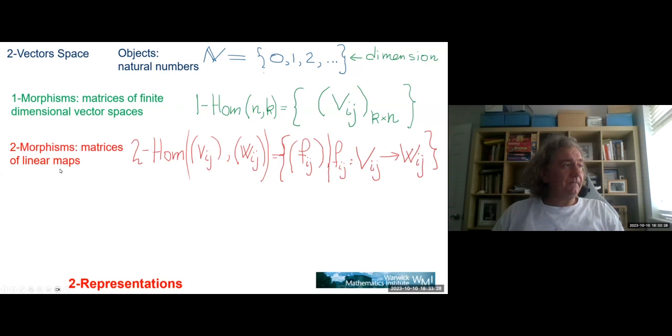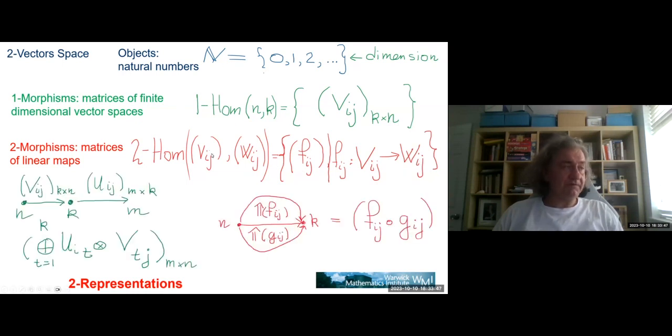And 2-morphisms are matrices of linear maps. So if we have two matrices of vector spaces of the same size, then we can have a matrix of linear maps. These are 2-morphisms. And then 1- and 2-compositions are like this.